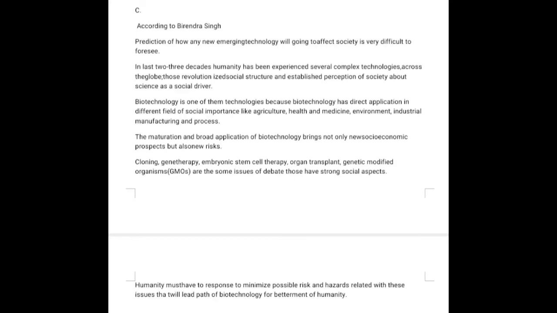The maturation and broad application of biotechnology brings not only new economic prospects but also new risks. Cloning, genetic therapy, embryonic stem cell therapy, or transgenic modified organisms are some issues of debate.